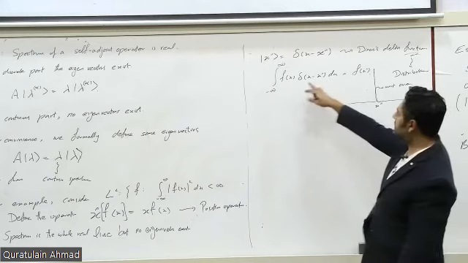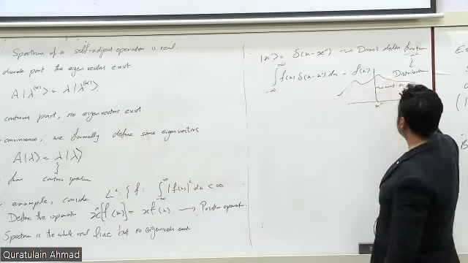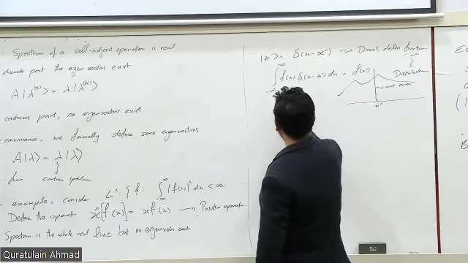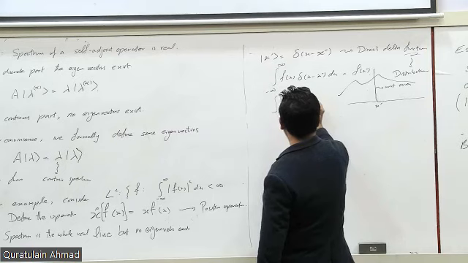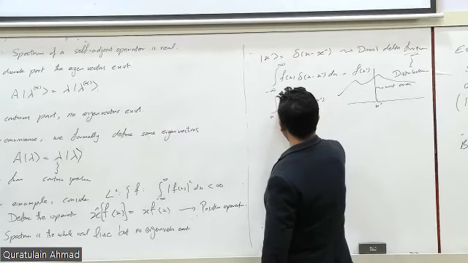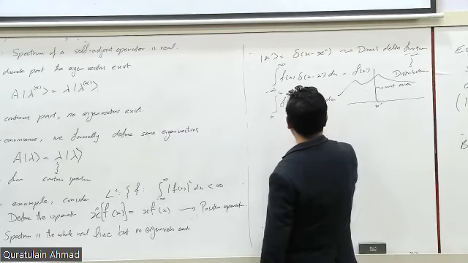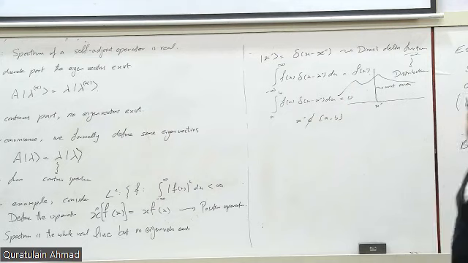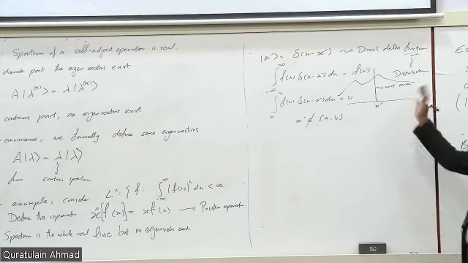If I integrate this function within some limits where x dash is not within this interval, then I get a 0. It's 0 everywhere except at x dash. It's called Dirac's delta function. It's not a function.